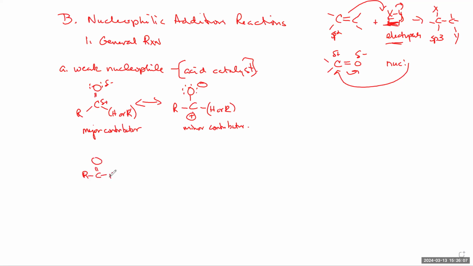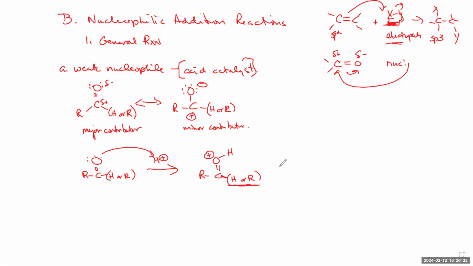Because if I add acid to this, and I protonate that oxygen, I'm just going to put a line and assume that you're going to know that it's H or R. It's going to be long to always draw that.